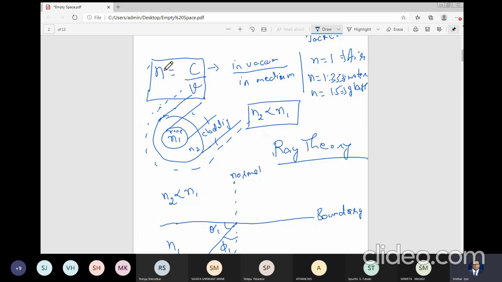And a lower value of the refractive index will give a higher velocity to the light, right? So now when this light enters N2, since N2 has a lesser refractive index than N1, I repeat again, once light enters into a material with refractive index N2, since N2 is assumed to have a refractive index less than N1, the velocity of light inside material N2 is going to be higher, right?